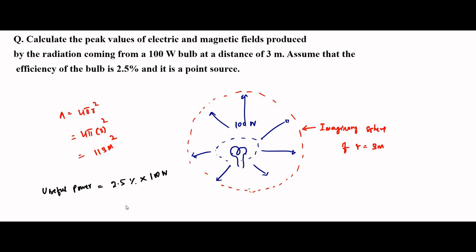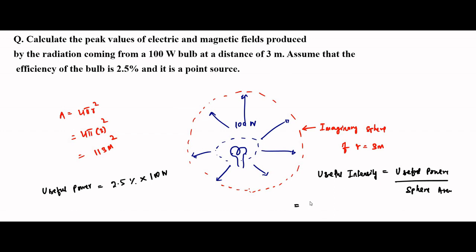And if we want to calculate the useful intensity at this radius equal to 3 meter, the useful intensity is equal to useful power by sphere area, the area of the imaginary sphere of radius 3 meter.